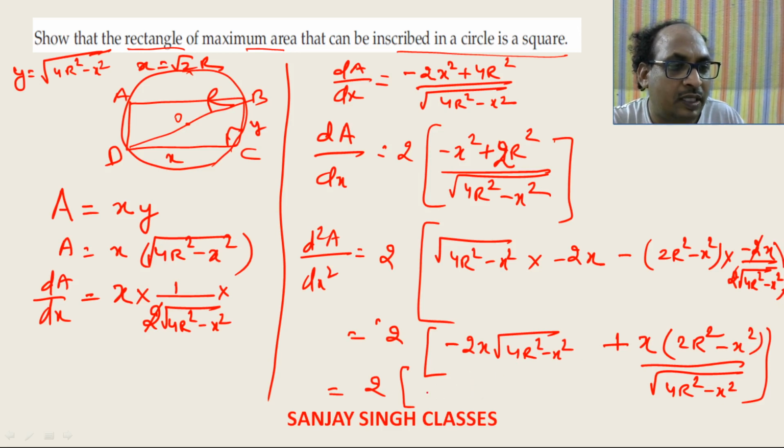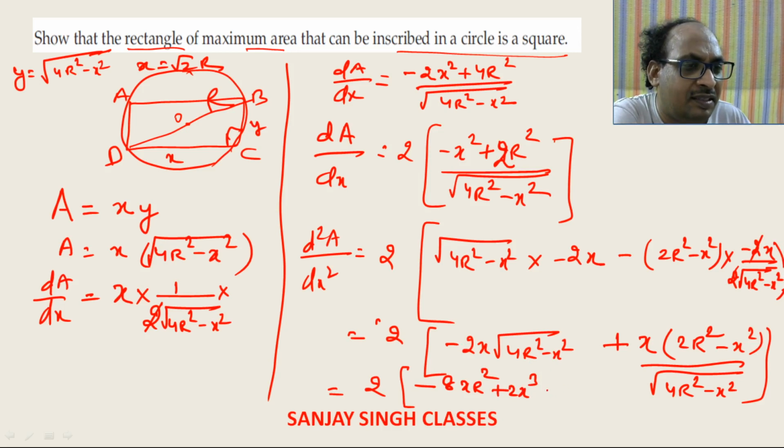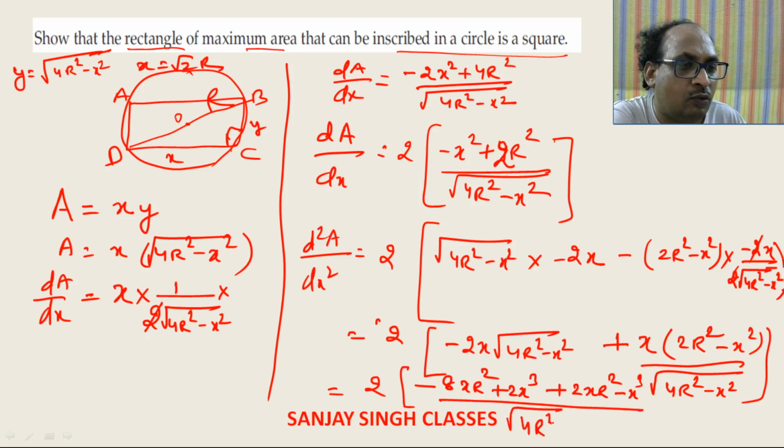Minus 2x into 4r square will become minus 8xr square, and then minus 2x into minus x square will become plus 2x cube. This side we will be getting 2xr square minus x cube, divided by whole root 4r square minus x square.